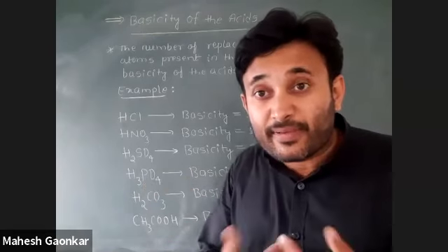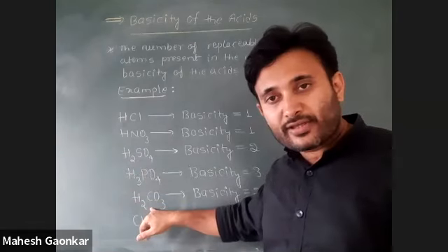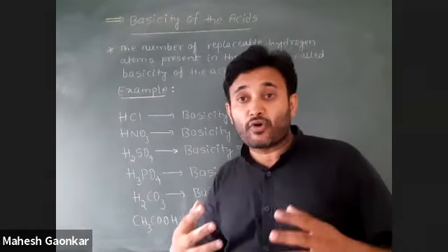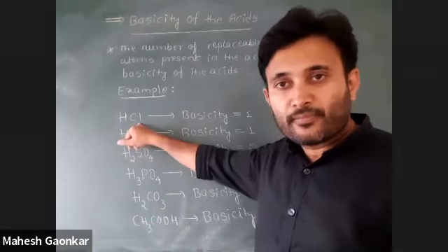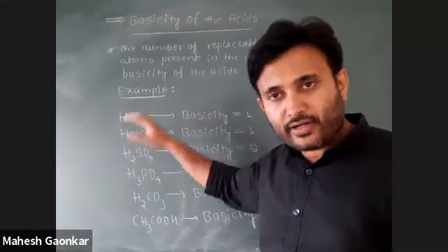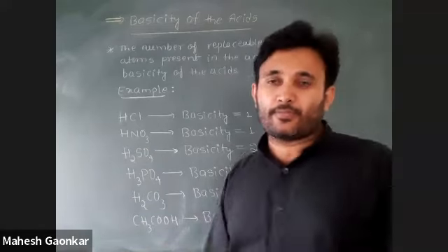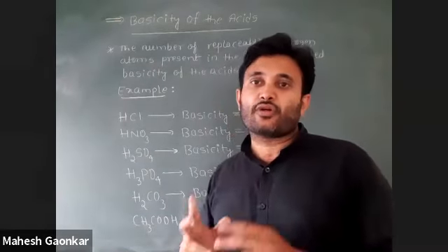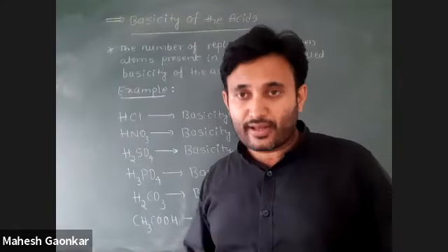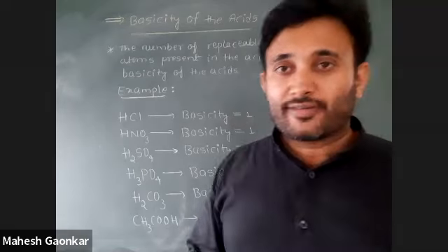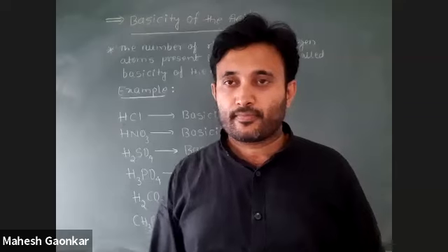Example for dibasic acid: sulfuric acid, carbonic acid. Example for monobasic acid: HCl, HNO3. Monobasic, dibasic and tribasic acids are all classified based on the number of replaceable hydrogen atoms. Hope that's clear.